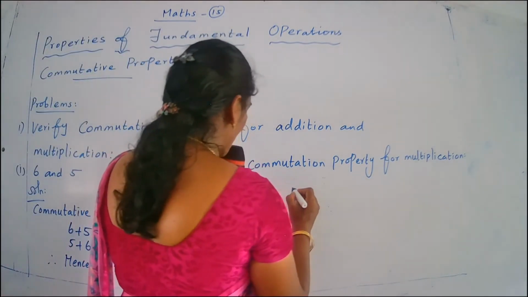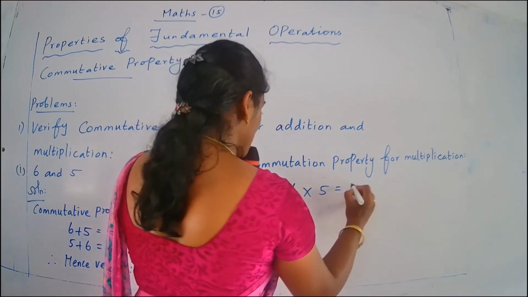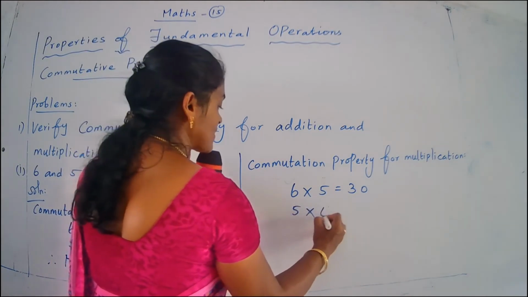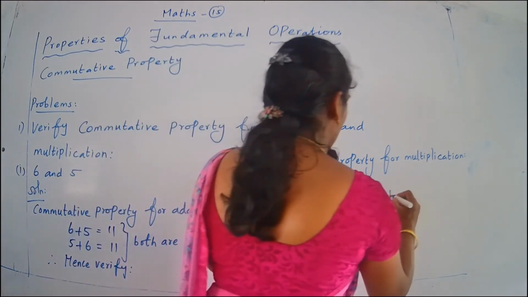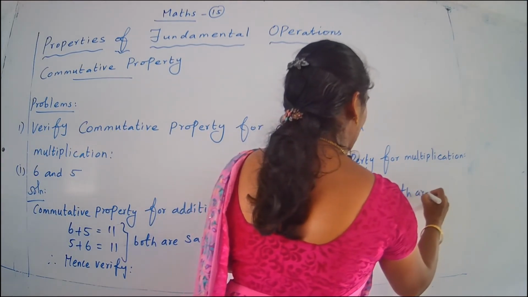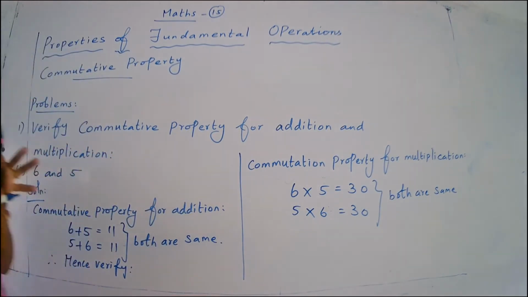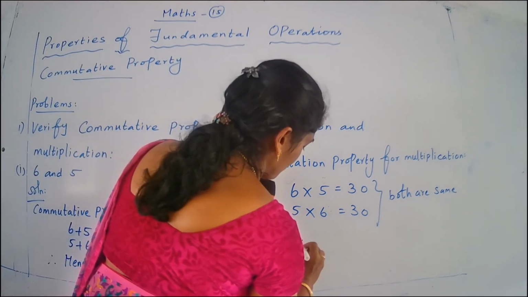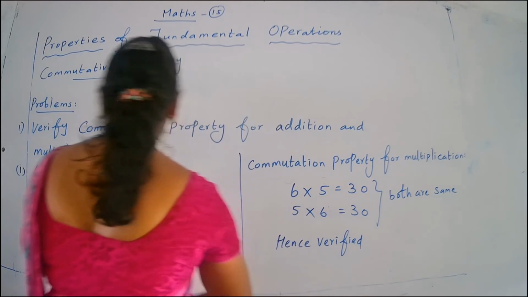So first of all, you multiply the two numbers. 6 into 5, what is the answer? 6 5s are 30. Now, you change the order. 5 6s are 30. You see here, the answers are same. Therefore, commutative property is true for multiplication. Okay, children? So, hence verified. Write it.